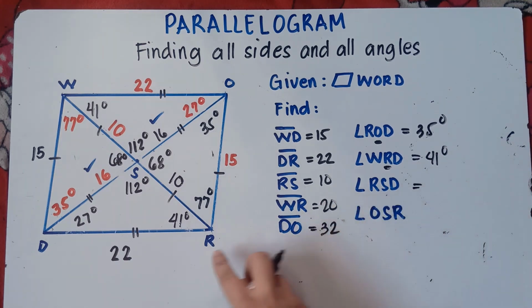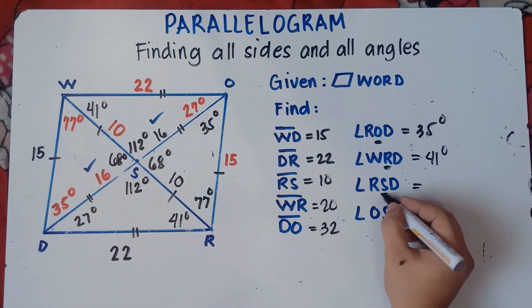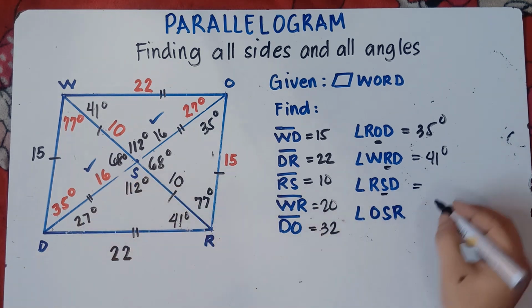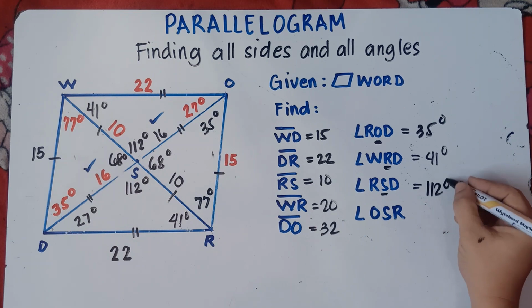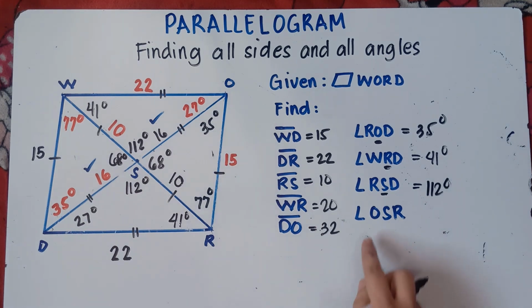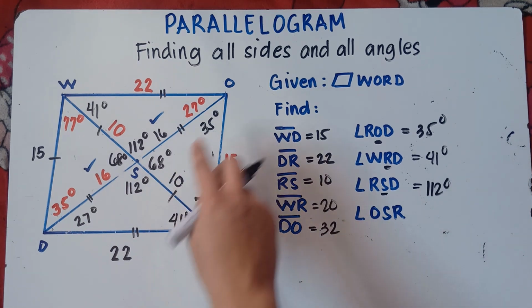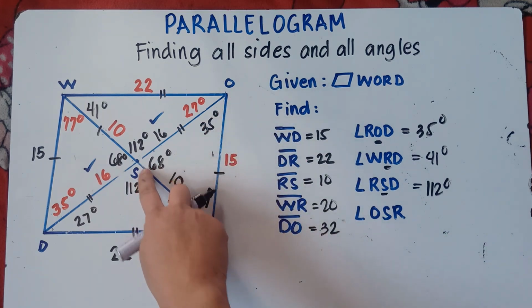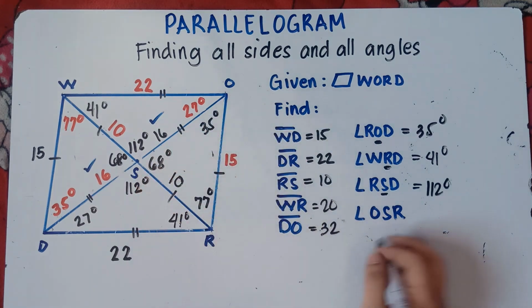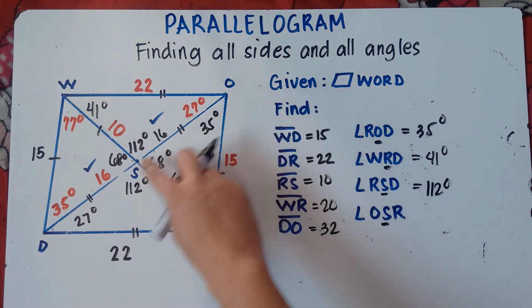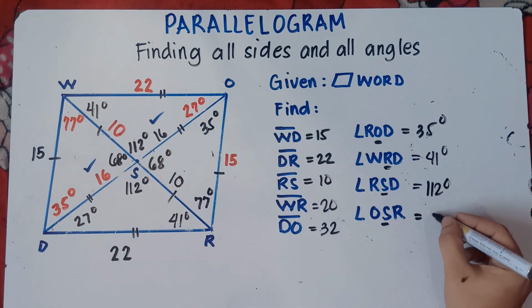Angle RSD, you're referring to angle S, that would be 112 degrees. And last, angle OSR, angle S on the middle part, that would be 68 degrees.